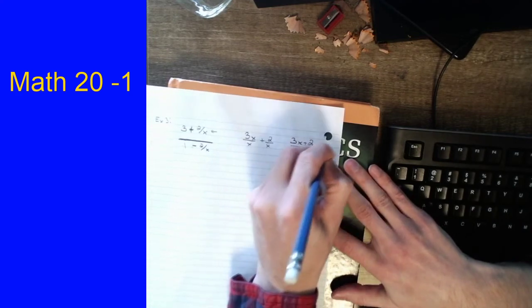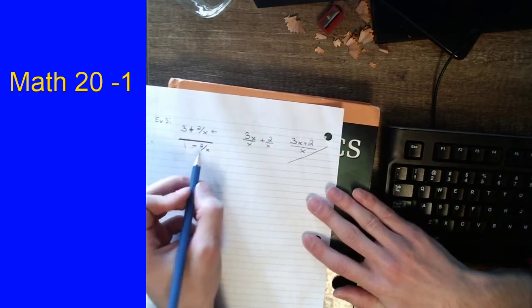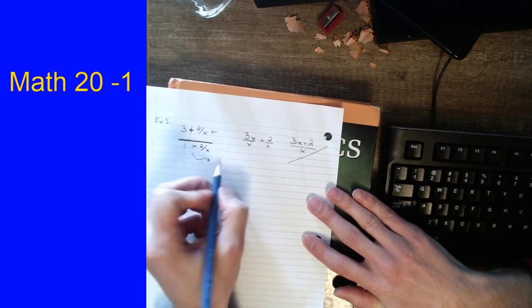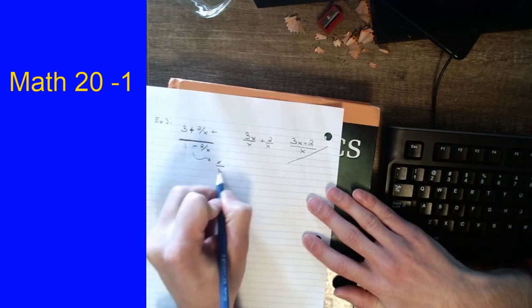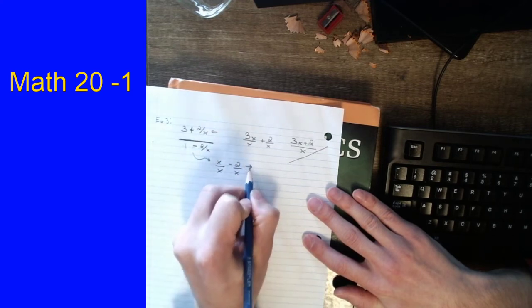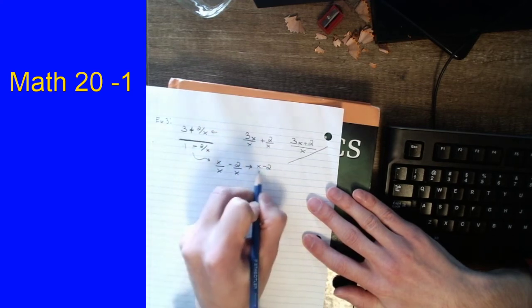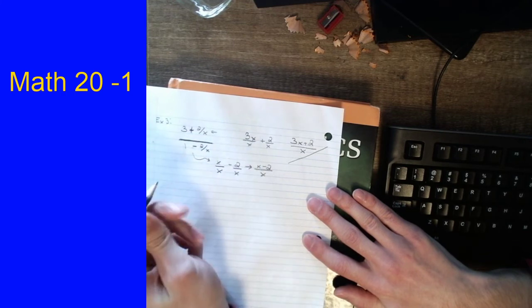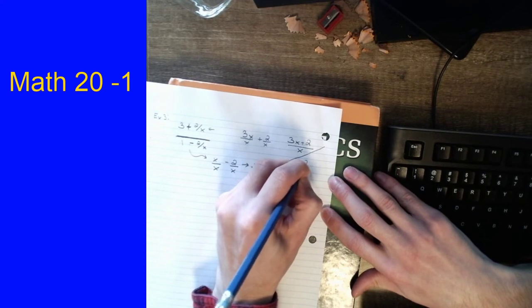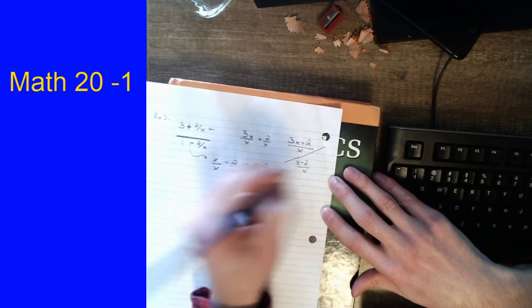And the bottom value of our fraction here is going to be x over x subtract 2 over x. That's going to give me x minus 2 divided by x. So now I have x minus 2 divided by x.